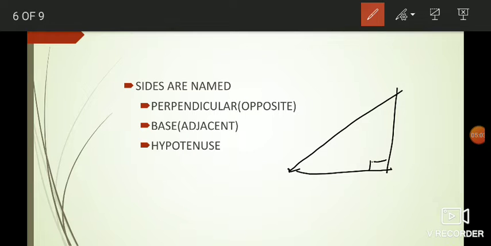Its different elements are three different sides and three different angles. Let me name the three vertices of the triangle as ABC. Now I have the three sides named, or even I can call them length AB.